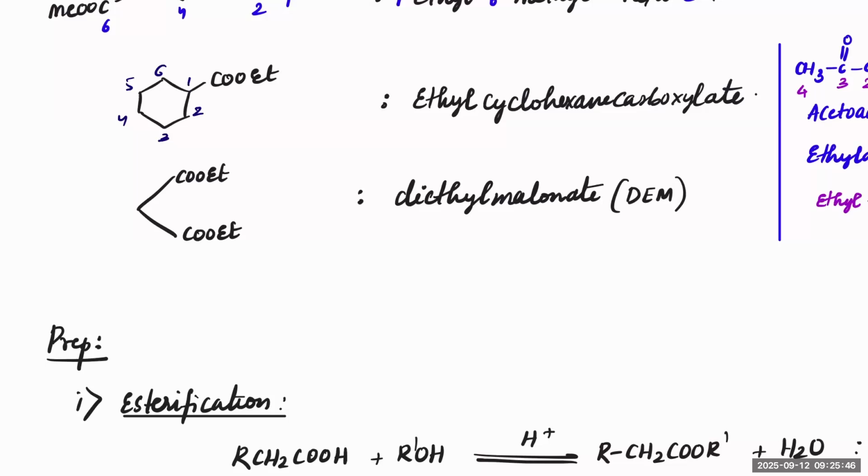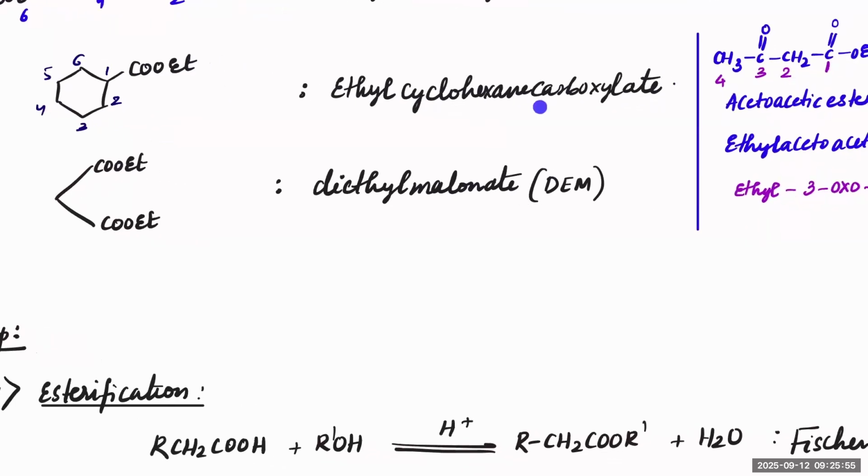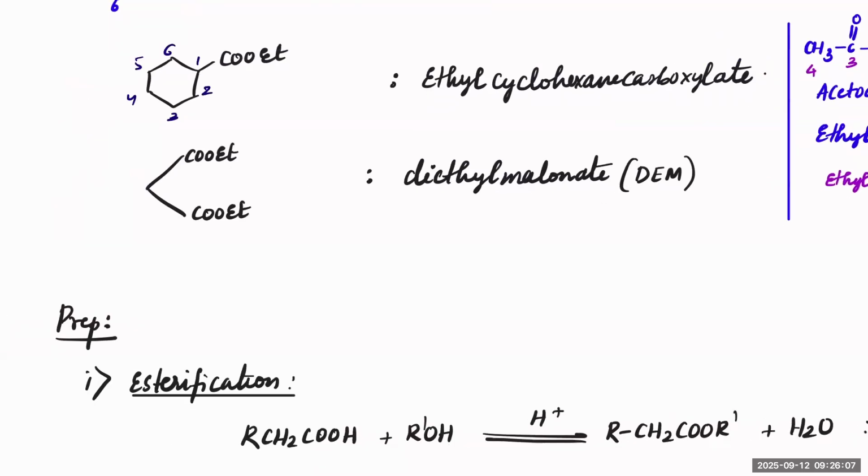So in such cases where the functional group carbon does not get a number, you will use the word carboxylate. So we do not write simply oate, we write it as carboxylate. So that becomes ethyl cyclohexane carboxylate.